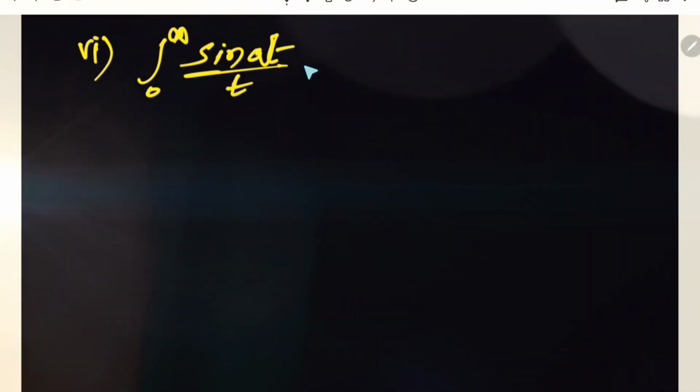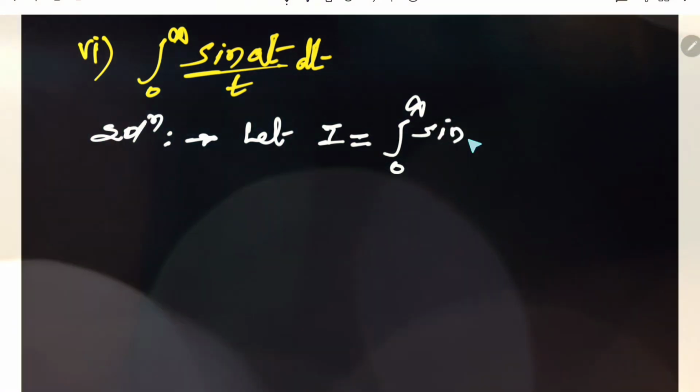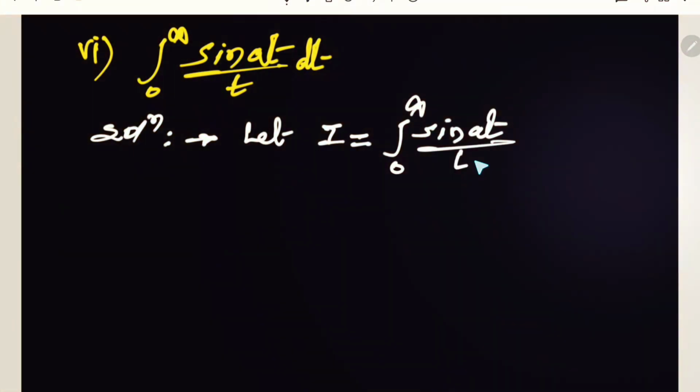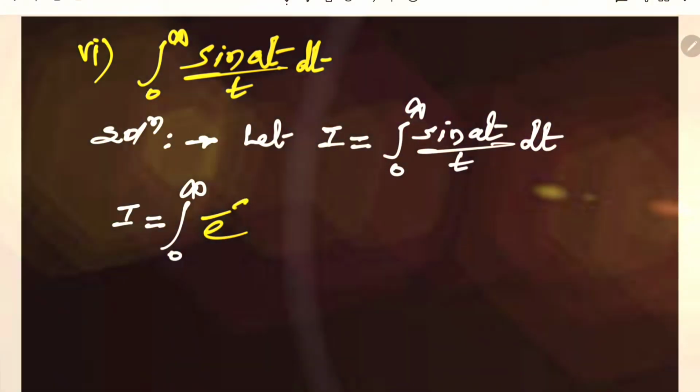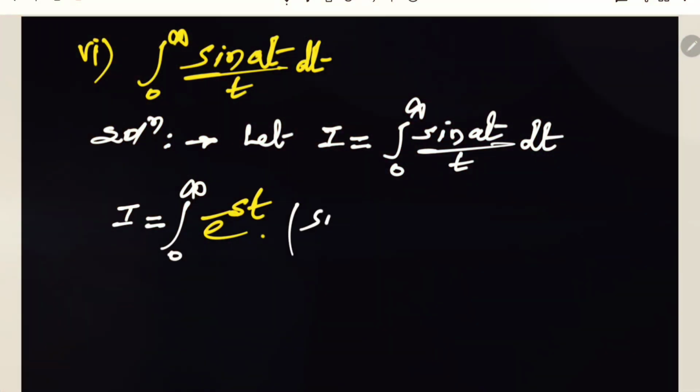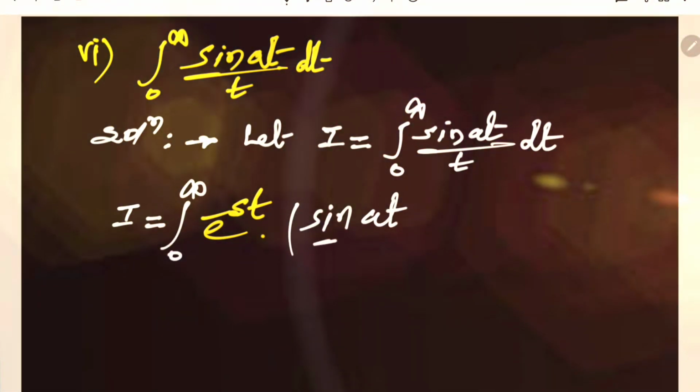And then the last example, evaluate integral of sin at by t dt. This result we require in the chapter of Fourier transform. Therefore, prepare this example very well. We call that integral as I. Here there is no term of e raised to, therefore we include that term as e raised to minus st, though it is not there, and mentioning the value of s as 0.